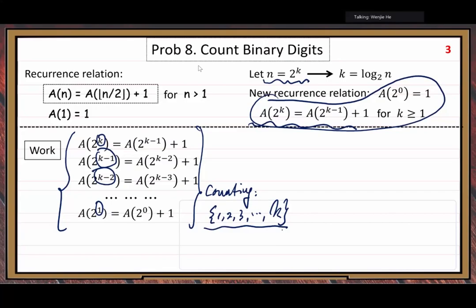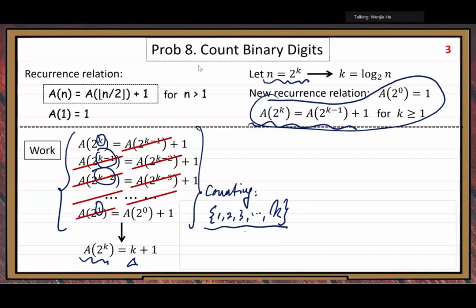When you add up all these equations, you can do cancellation. Left-hand side term, right-hand side same term, you can cancel like this. You can do a lot of cancellations. Then at the end, a of 2 to the k equals k plus 1. Why k?